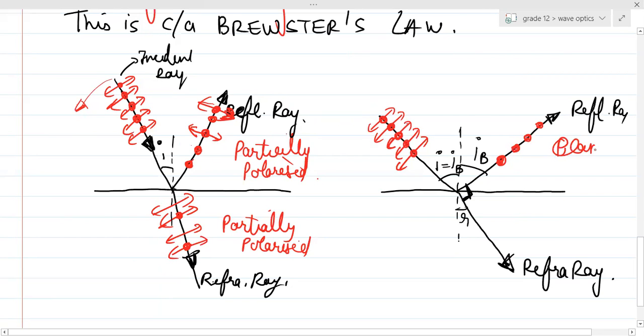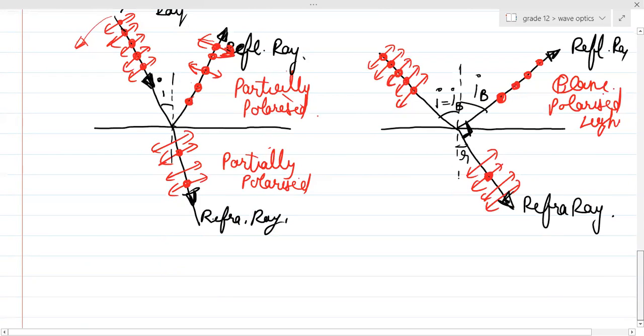So this is plane polarized light. Whereas the refracted ray is still partially polarized, right? But can you see the degree of polarization has increased? Yes or no?